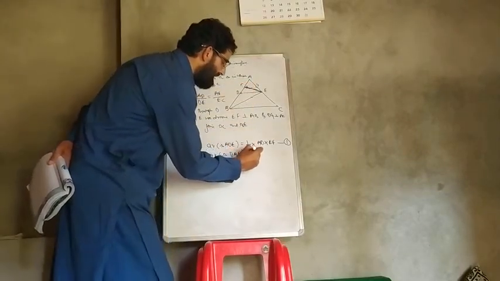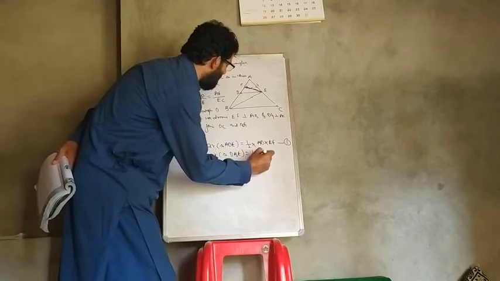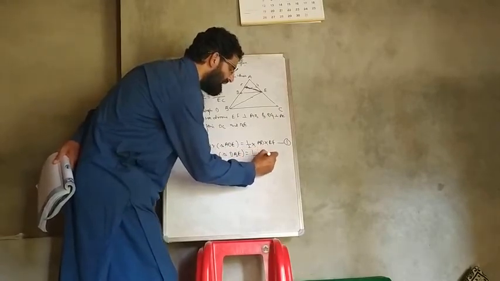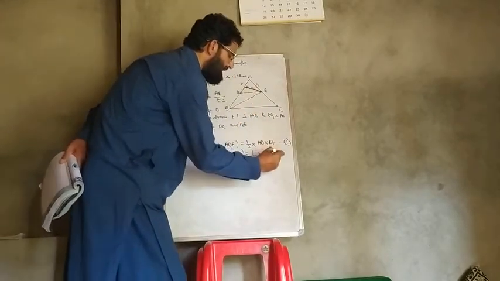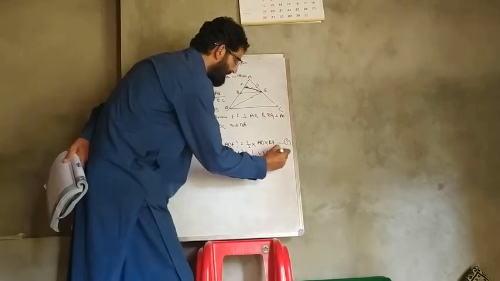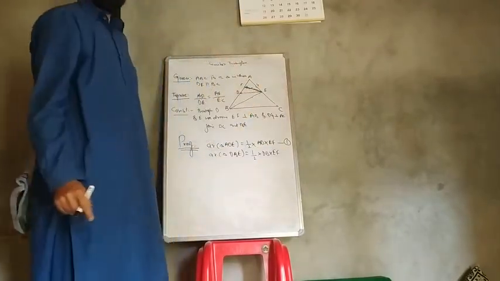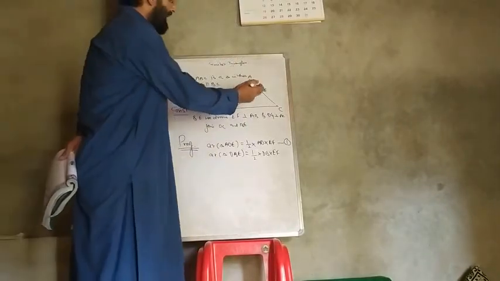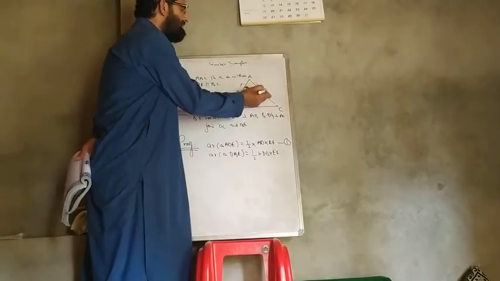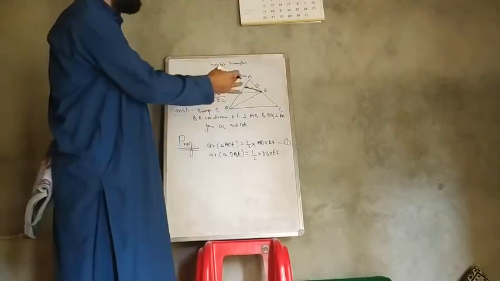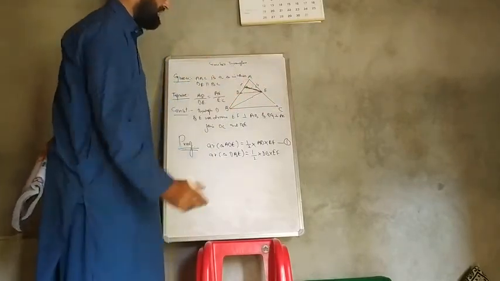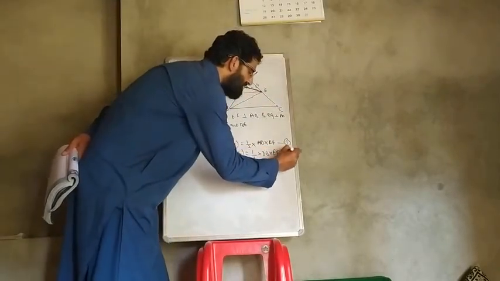So its area is given by 1/2 into base DB into altitude EF again, because this DBE is an obtuse angled triangle, and the perpendicular is obviously from outside. EF is its height. So name this equation second.